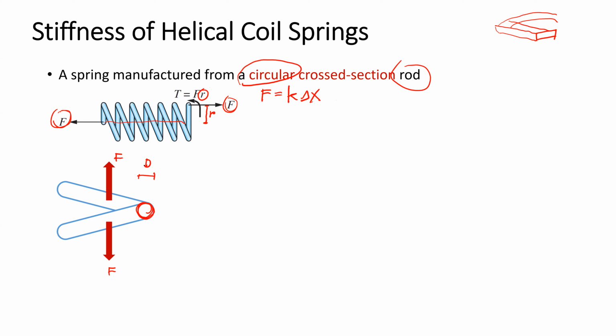So if we make it deform by the force F, what's going to change is that, by applying the force, we are going to create a shear deformation about the center line of the rod.